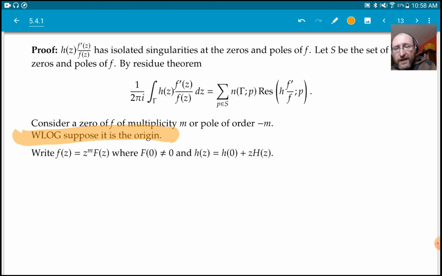And so now write f as z to the m. So that's where this comes in. We can always do that. We can always divide out. If it's a zero of order m, then we can divide out by z to the m and get something that's non-zero. If it is a pole, then it's supposed to be 1 over z to the m times something that's non-zero. So that's precisely what we're getting here.